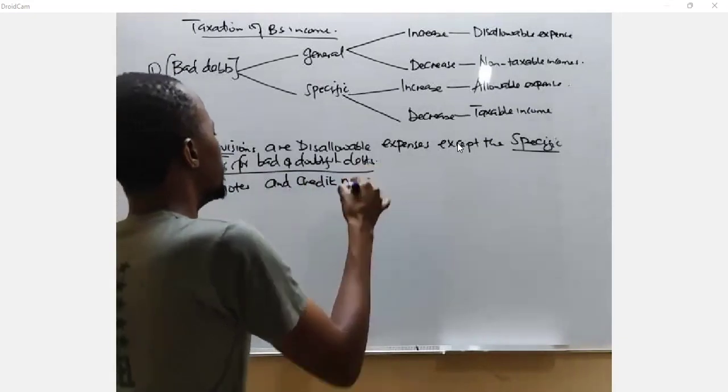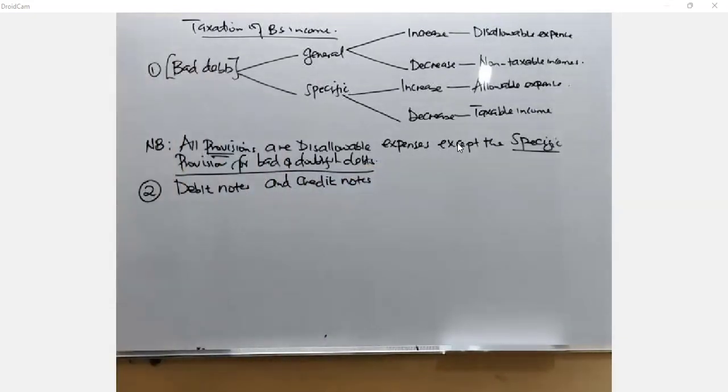We have the debit notes and credit notes. Debit notes correct an undercharge, while credit notes correct an overcharge. And we say communication is always from the seller, hence debit notes received.